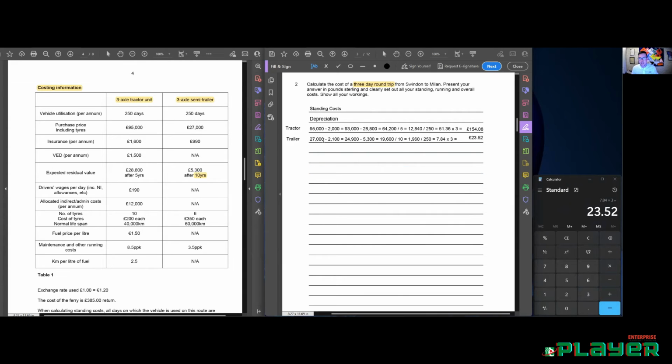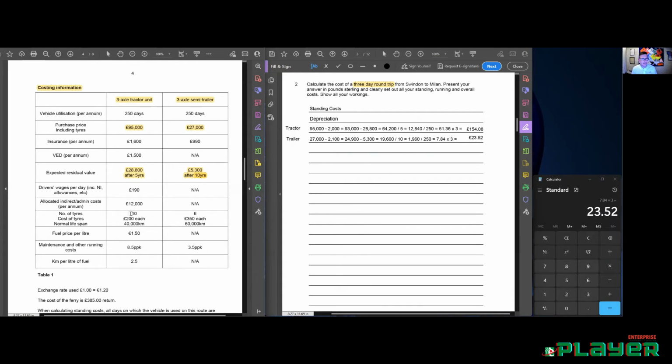That's my depreciation done. Right, so I can now highlight that to say I've done it. Residual value, I did all that. That took me a little bit of time, but that's my first standing cost done, depreciation.